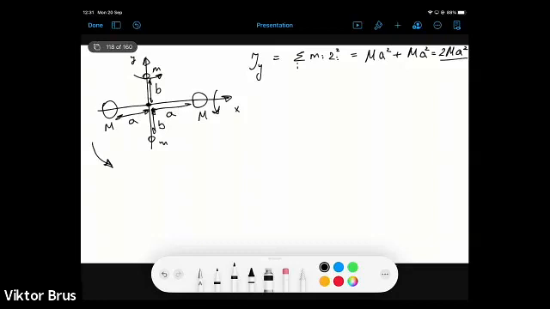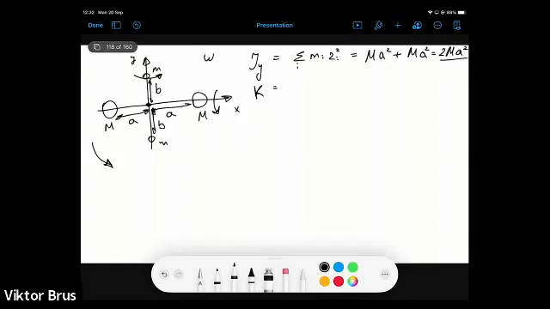Now, if we want, for instance, to consider kinetic energy, we can also calculate it. So let's say kinetic energy for such rotation with some angular velocity. Let's assume that it will rotate with the same angular velocity about all axes.